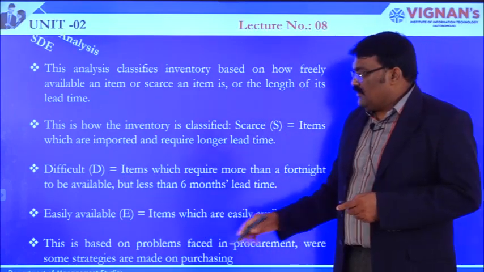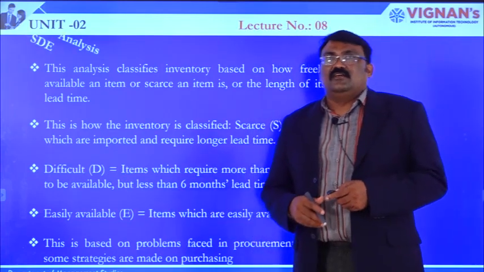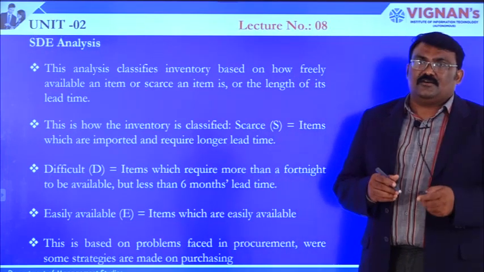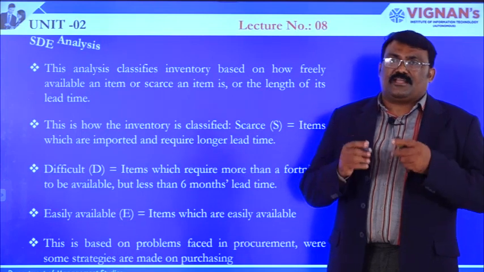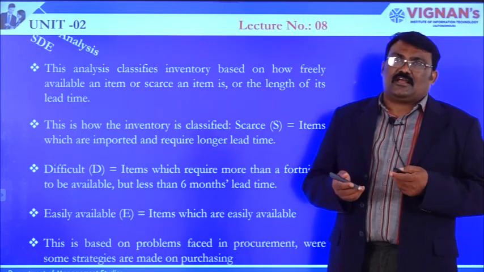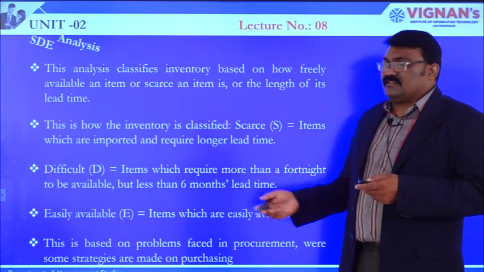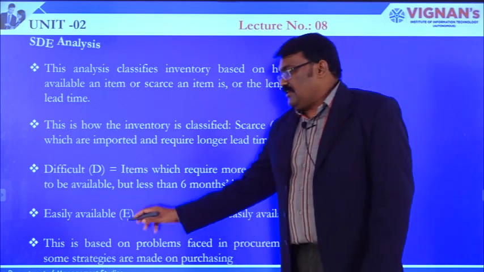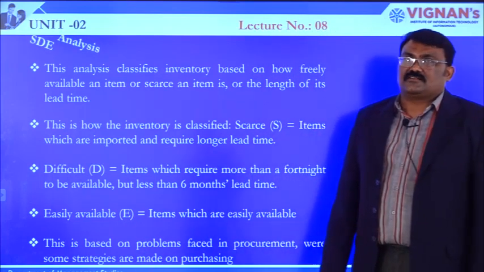And finally, easily available: the raw materials which are mostly available and can be obtained within a shorter duration, a span of within a fortnight or 1 month or less, all come under easily available as such.